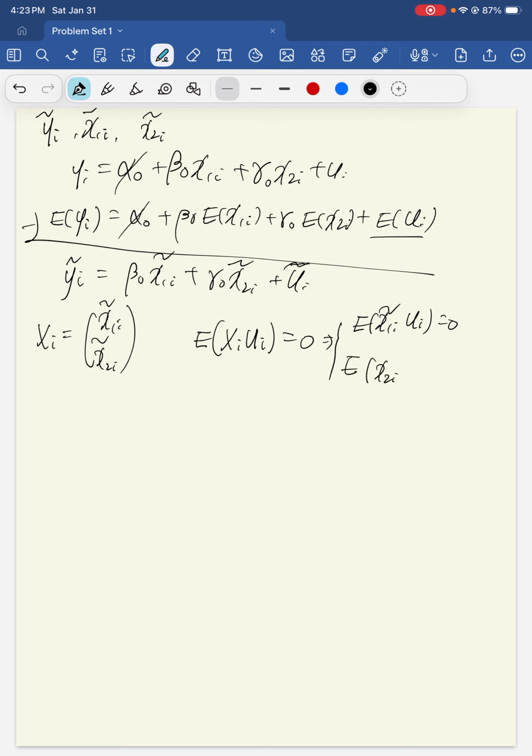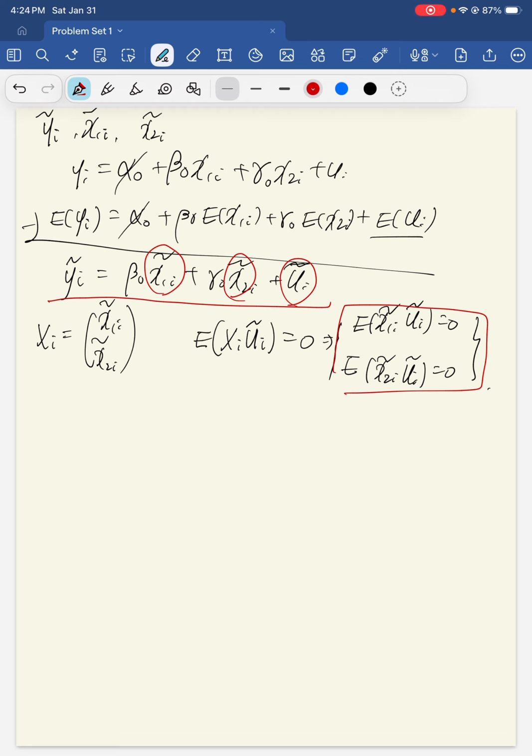Expectation of x2i tilde ui equals 0. We have to show both, and I'm sorry, it should be u tilde here, because we are thinking about this regression equation. The regressors are x1 tilde, x2 tilde, and the disturbance in this equation is u tilde. So the corresponding exogeneity assumption is between these and these.